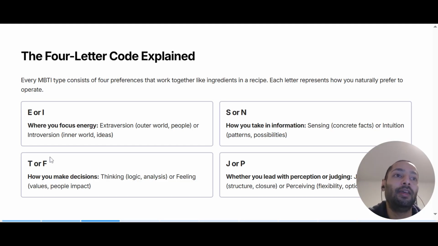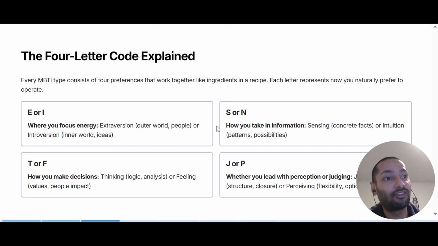So T or F is basically what's going to be your first function or your second function. And this is combined with the J or P, which represents which function is the first out of your top two functions that is extroverted. So an ESTJ, which is the J, is the judgment function. So that judgment function, which in EST is the T function, will be extroverted.